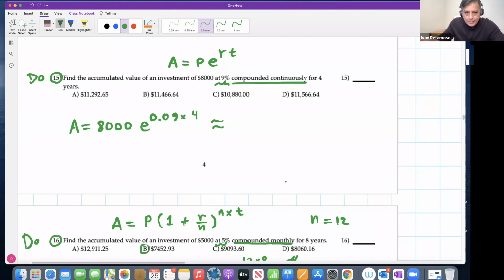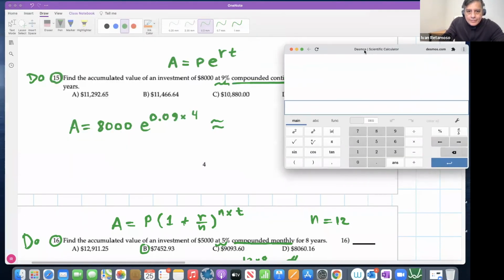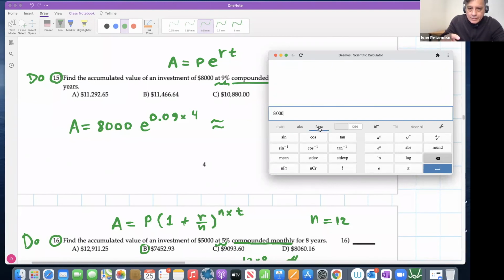Okay, so let's do it together so we can then do both at the same time. So we start with 8,000 times E. Where is E? Function. Or if you have it in the calculator, look for where it's written E on the button. E to what? I'm going to put between parentheses 0.09 times 4.